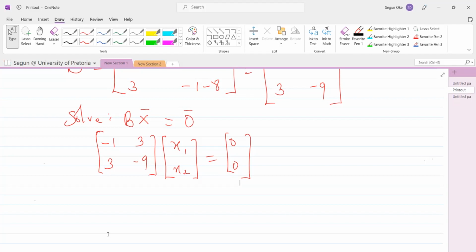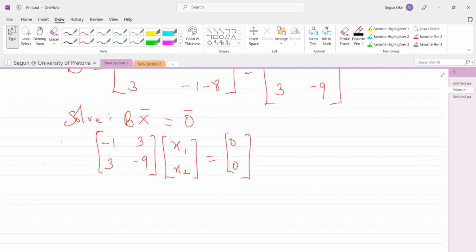You remember last week we saw something similar. When we had a 3 by 3 matrix, I was teaching you guys about reduced row echelon form. It is the same thing we are going to use now.